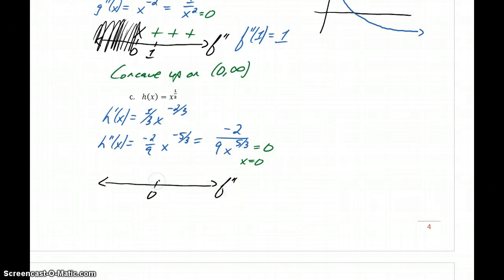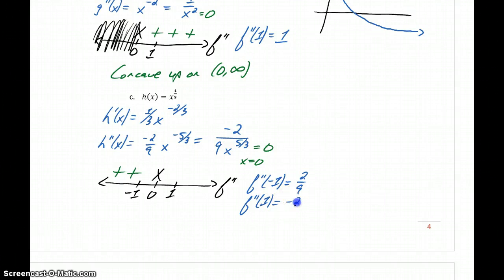So in this case, at x equals 0, our second derivative is undefined. So we can choose 2 test points and evaluate the second derivative at negative 1, which will give us 2/9, which is positive, and evaluate the second derivative at 1, which will give us negative 2/9, which is negative.